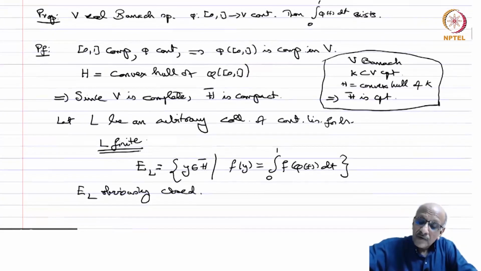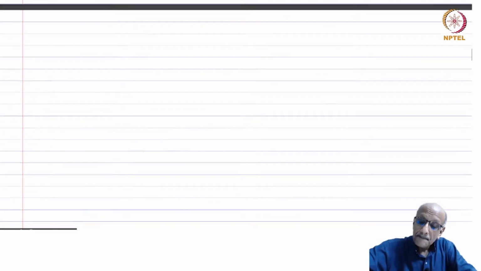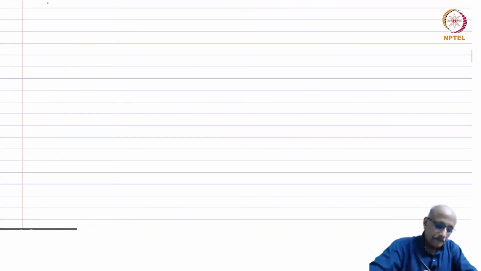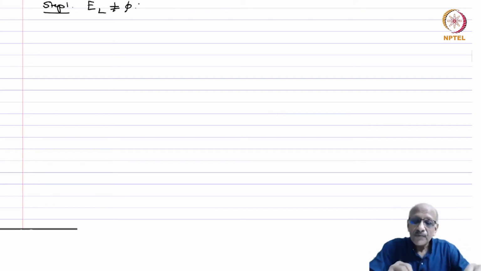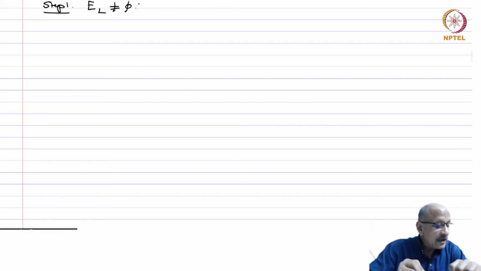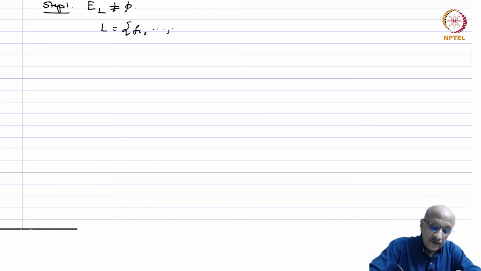So first step, E L is not empty. So we are going to show that this is never an empty set. So given any finite collection, you can always find a common vector such that the equality holds. So let us take L equals f1 to fk.